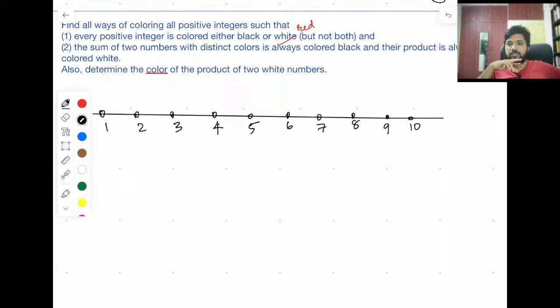So Pradyun says if you select 1 as white and 2 as black, fixes everything else as black. Oh, sum of two numbers with distinct colors. Correct. Okay. Correct, Lauren. Yes, sum of two numbers with distinct colors.